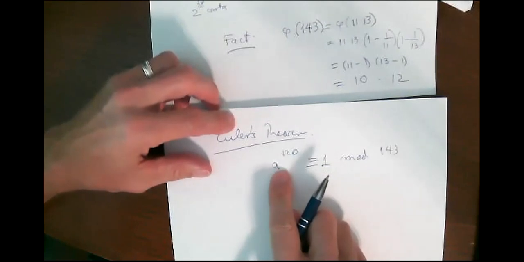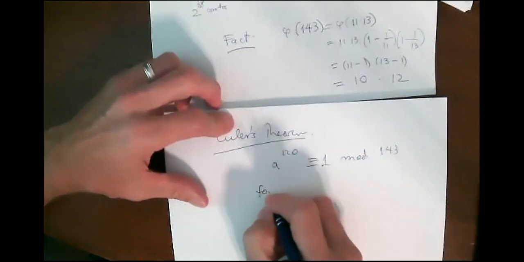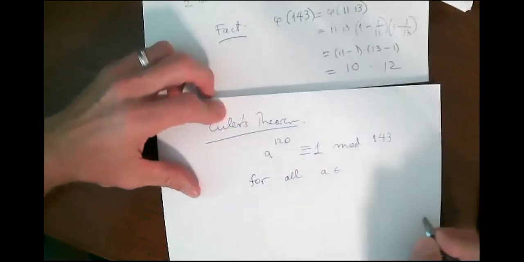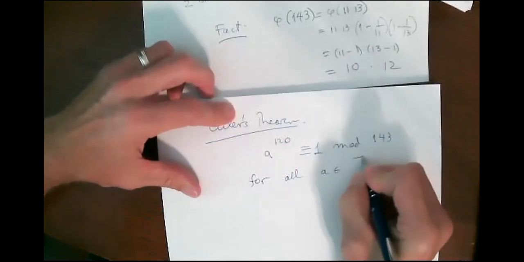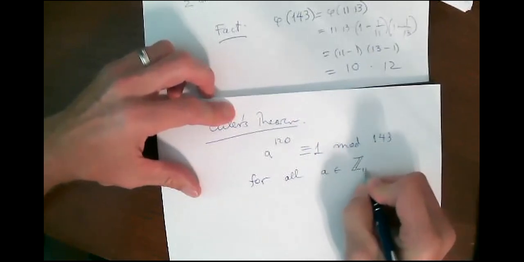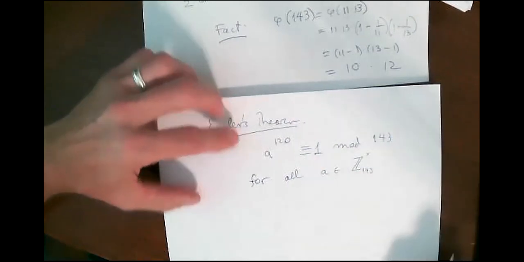You need to know that A is co-prime to 143. And here's the way that I phrased this for you last time. I said that this would be true for all A's that are in this group, this collection of congruence classes modulo 143, which are invertible.